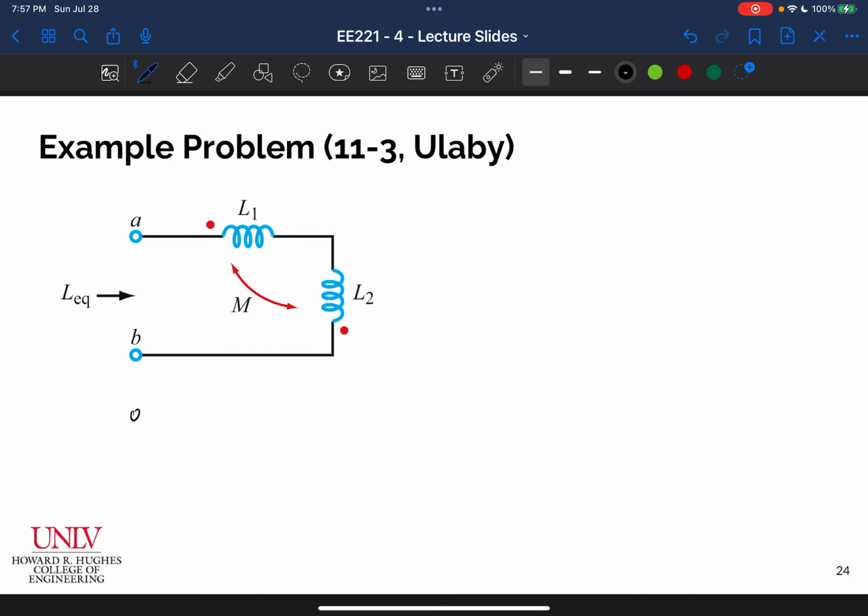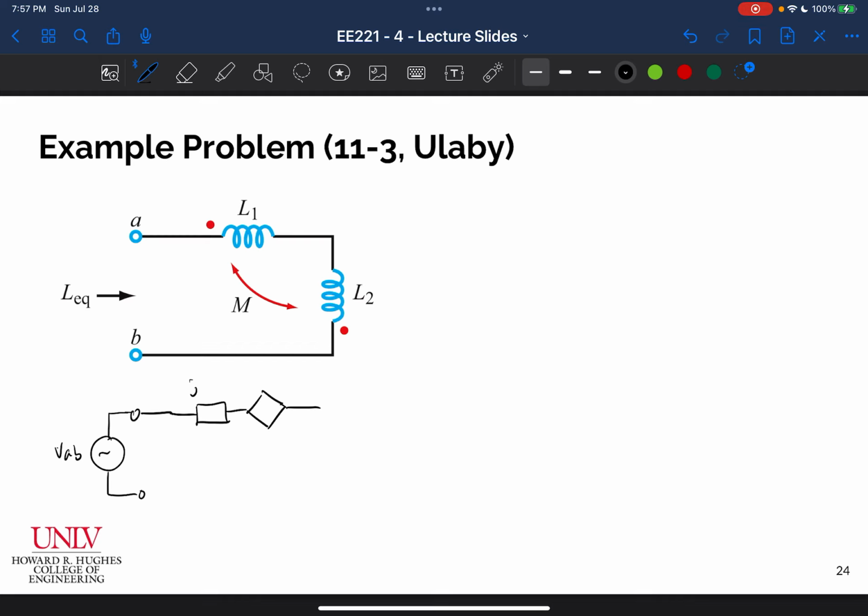Let's imagine we have a voltage source connected between A and B. We'll just call it VAB. And we're going to have this dotted inductor, of course. I'll just write it straight into the phasor domain. We're going to have a dotted inductor, and then we know that that inductor is going to have some induced voltage due to the current flowing through L2.